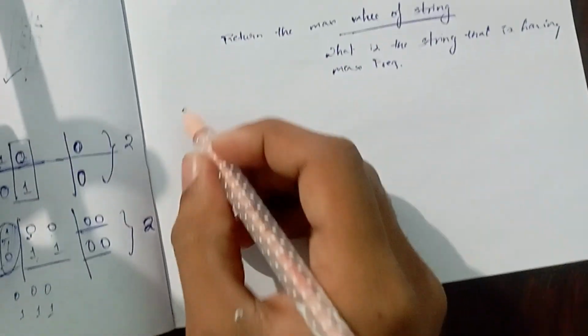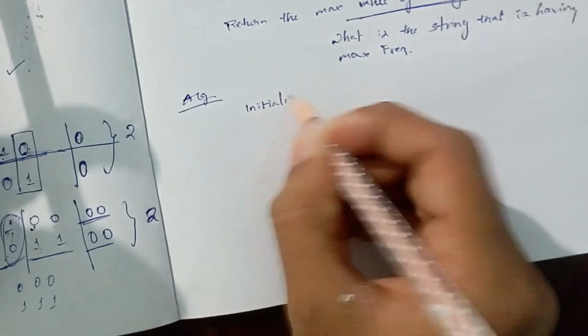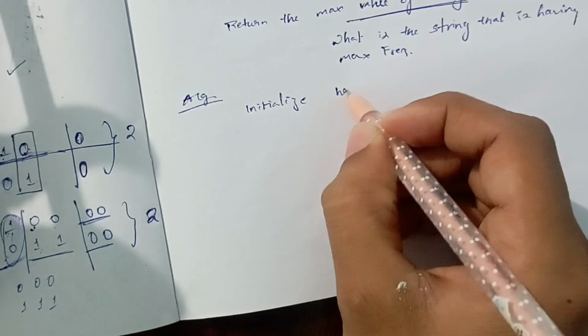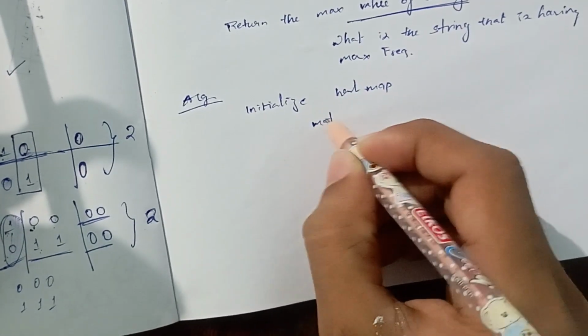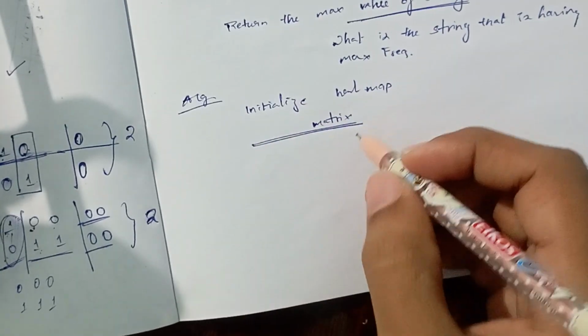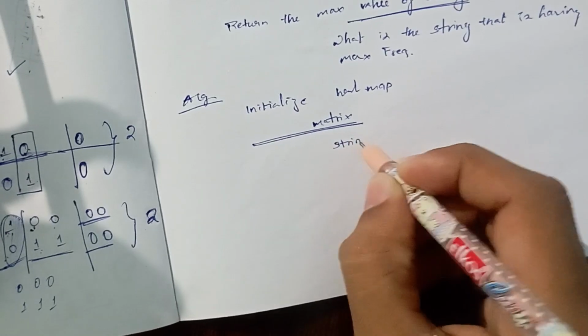So the algorithm goes like this. We need to initialize an unordered map, a hash map, and then iterate through this matrix, and for every row create a string.